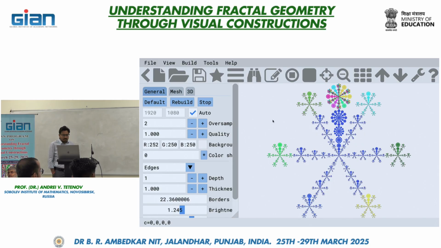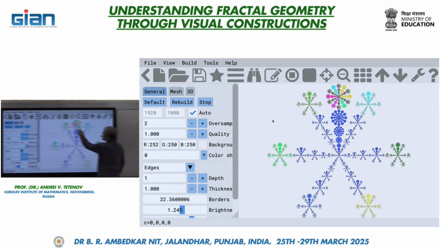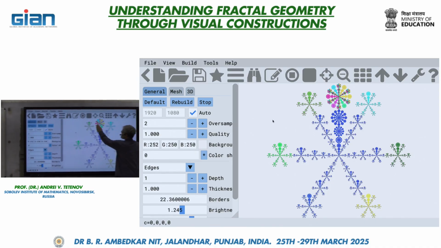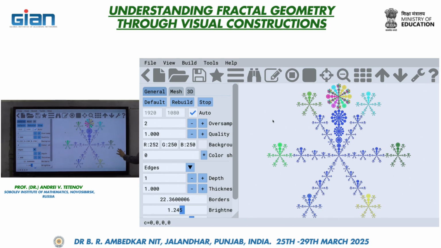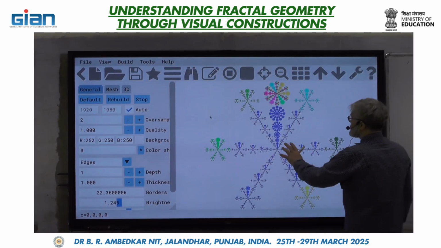And here you have 1, 2, 3, 4, 5, 6 copies of this dendrite, and they intersect in this black subdendrite. So how was it constructed?